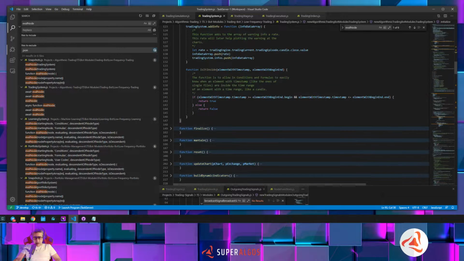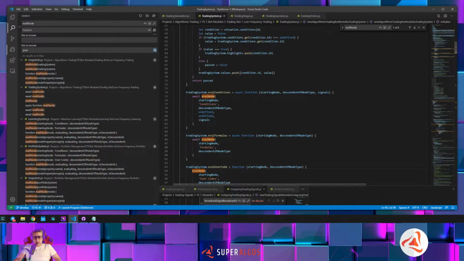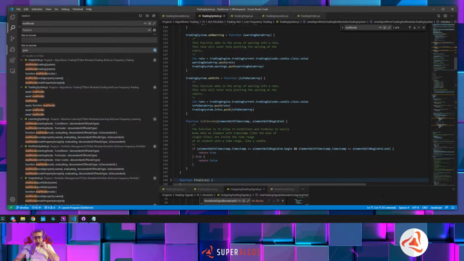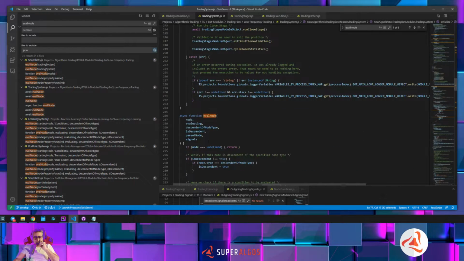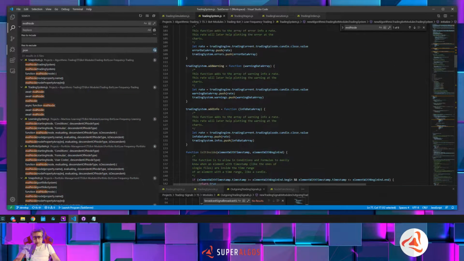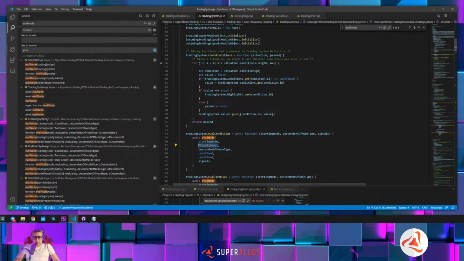What that would mean is that there is not a mixture between conditions, formulas, and code being evaluated, because here we are sending the type of node that we want to actually evaluate to eval node. Okay, that makes the picture a little bit clearer.